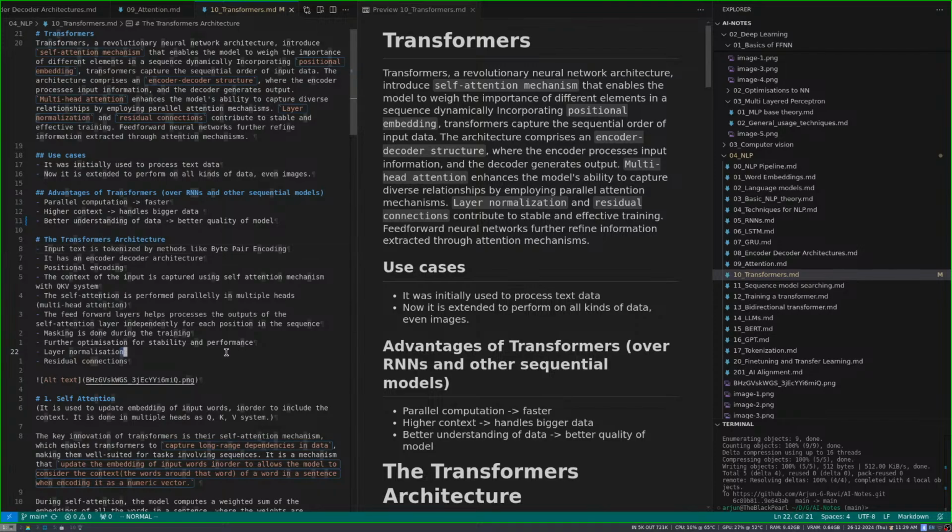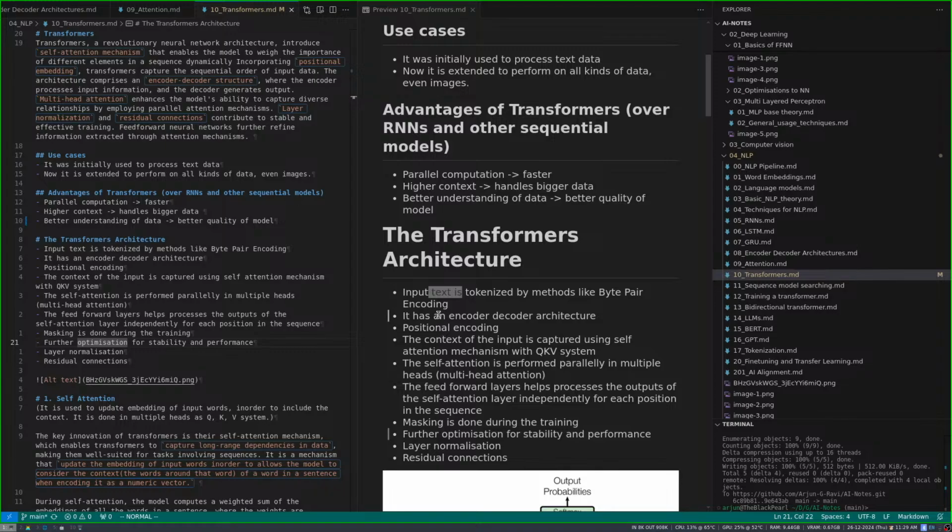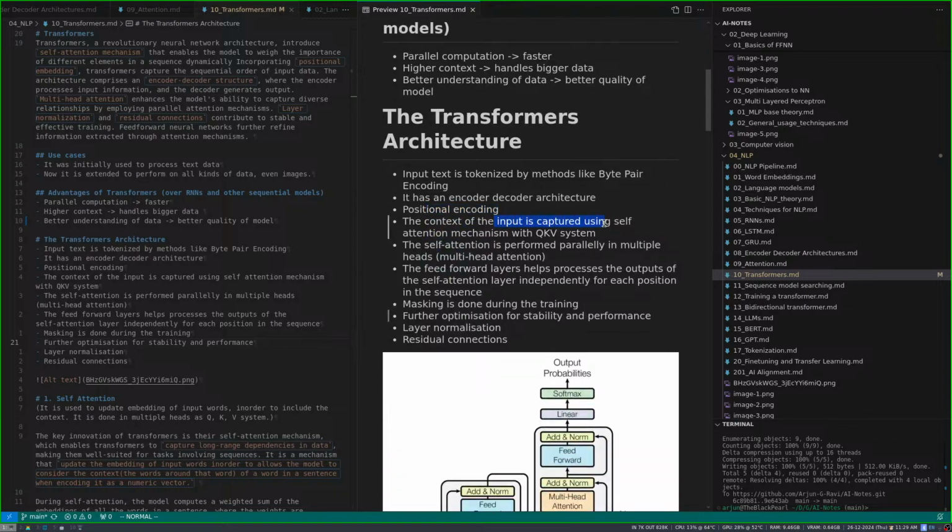So we tokenize the text. There's an encoder decoder architecture, positional encoding also. Context of the input is captured using self-attention mechanism with QKV. Self-attention is performed in parallel in multiple heads.